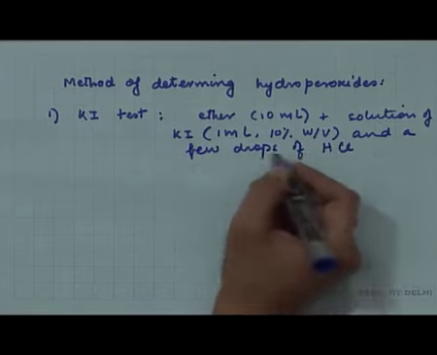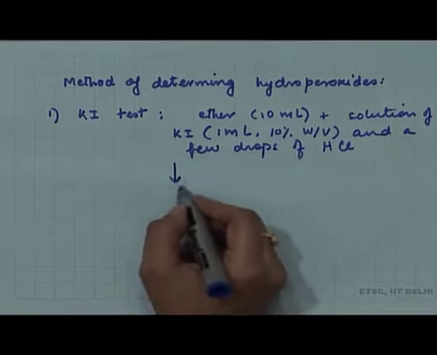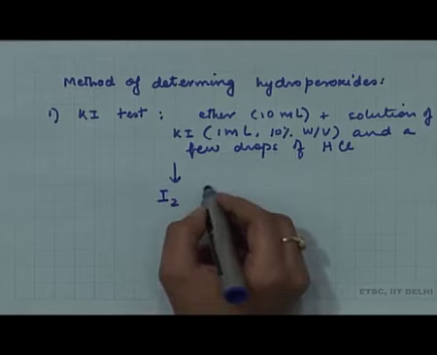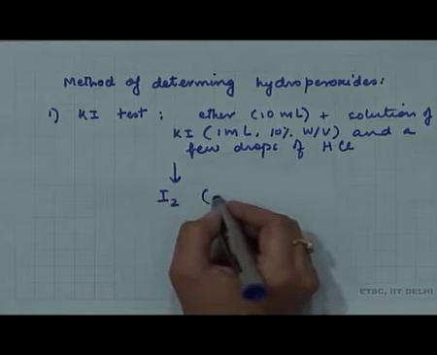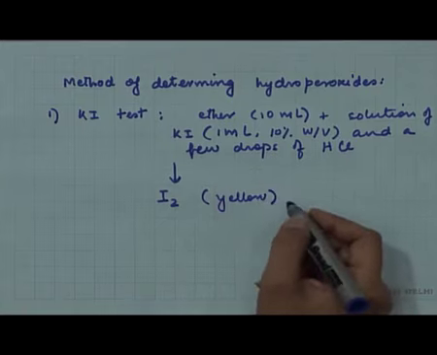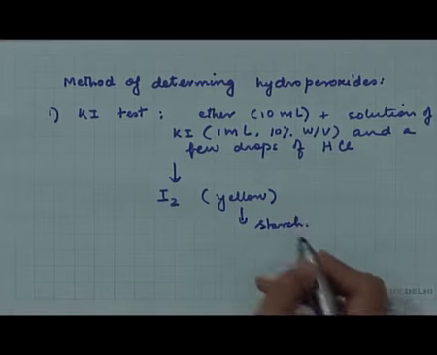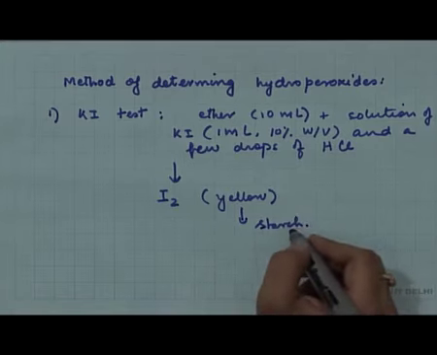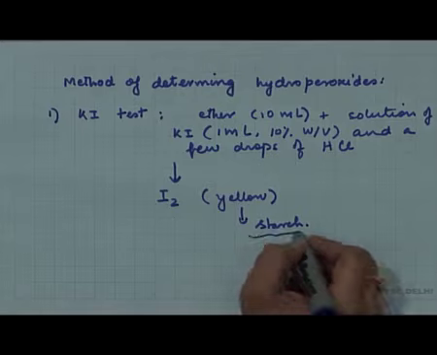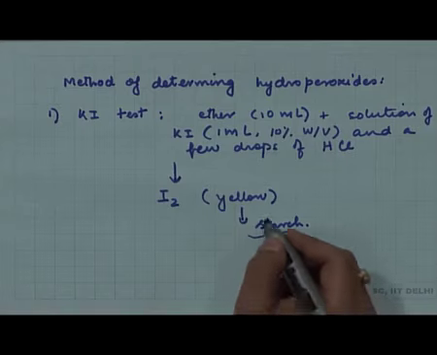When you shake it, you will find that the iodide gets oxidized to iodine. So, you get iodine from iodide, and this changes the color of the solution to yellow. This you can further confirm if you add a few drops of starch, and you will get a black violet color. So, this tells that the ether solution contains some amount of hydroperoxide.